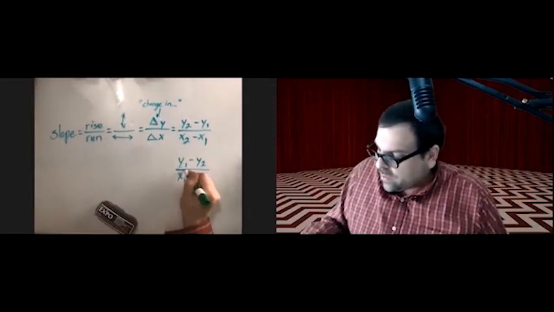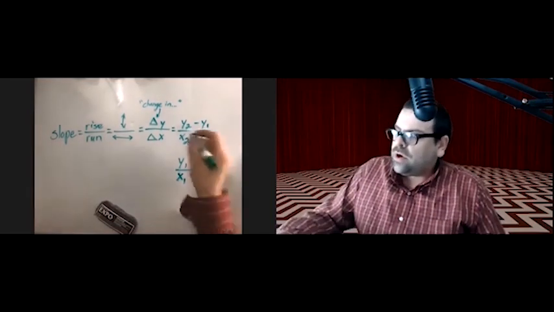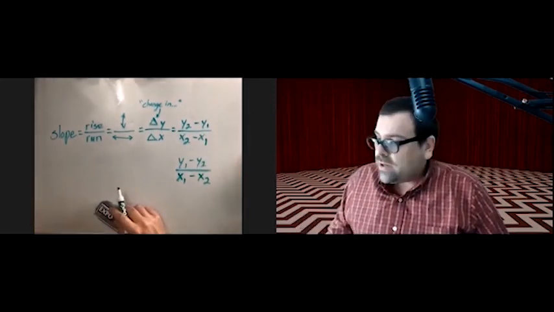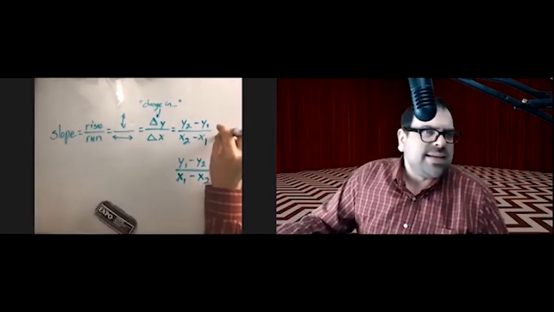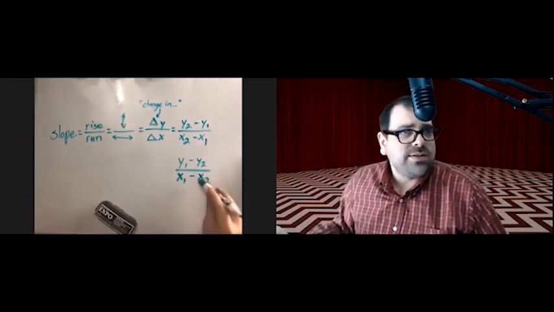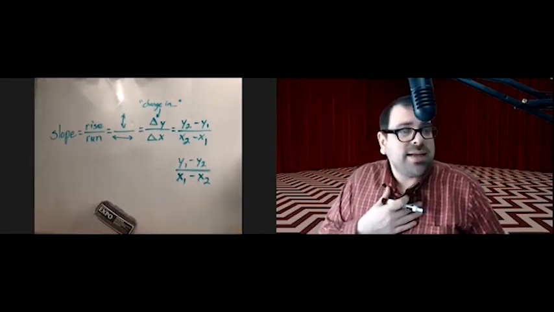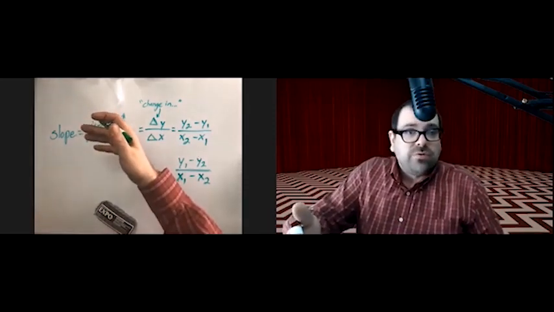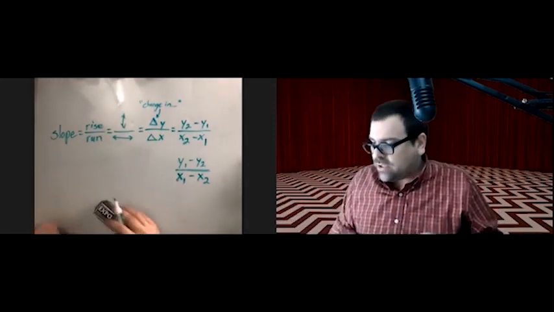So either y1 minus y2 over x1 minus x2, or y2 minus y1 over x2 minus x1. And you're going to see the 2 minus 1 more often. But again, order doesn't matter as long as you keep them straight. And that's because who's to say that what I pick as my second point and as my first point aren't what you pick as your first and second? So the order is not going to matter as long as we're consistent.